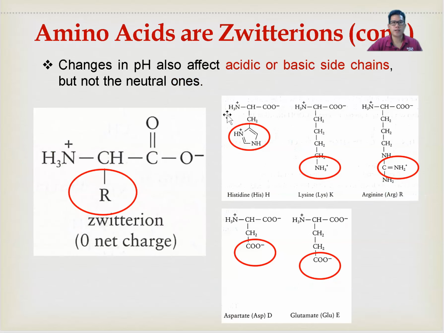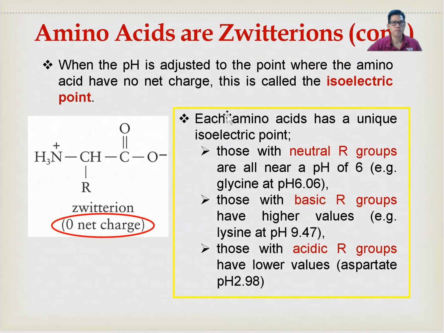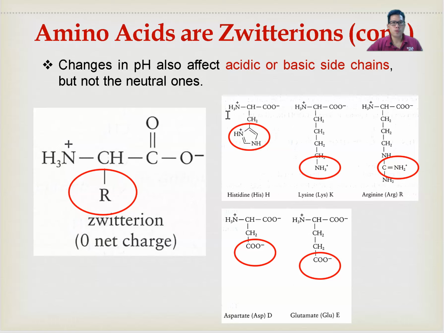So changes in pH affect the acidic and basic side chains, but not the neutral ones, as I mentioned before. In this case, when the R groups change, the R group can lead to a total change of the zwitterion. Instead, it can be net negative or net positive.